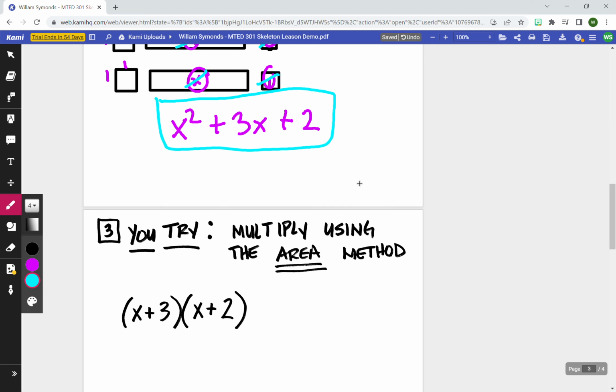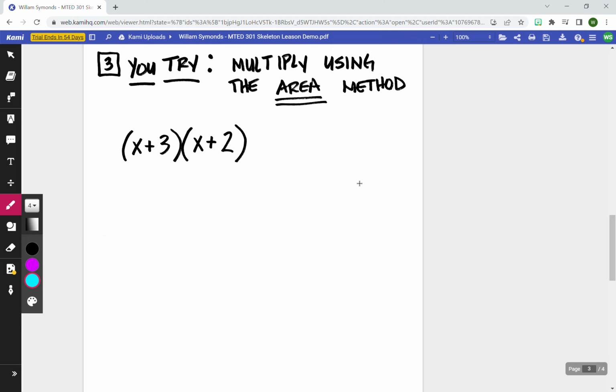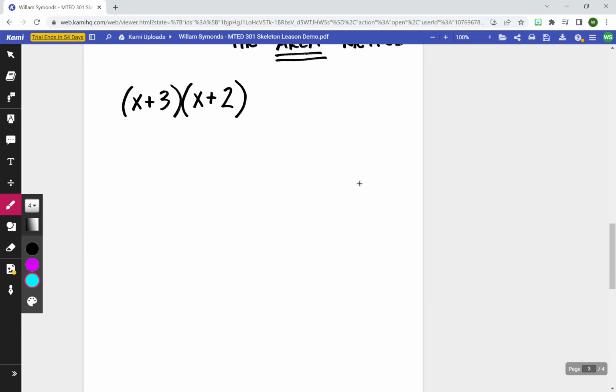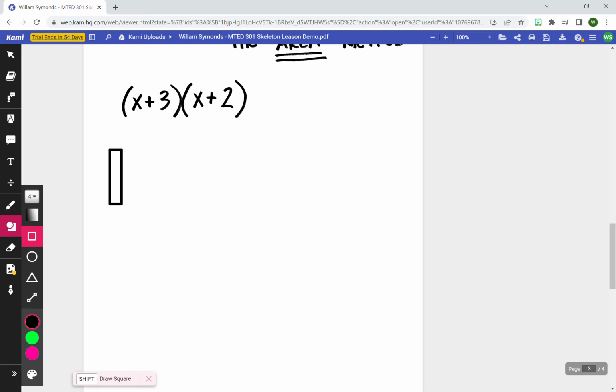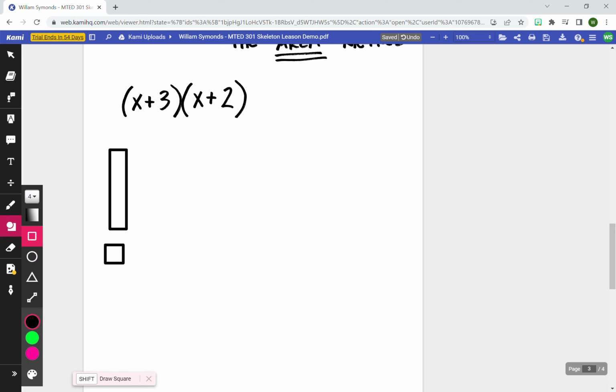So in our third box, we have a Try, where you multiply using the area tiles, and you're going to be multiplying x plus 3 times x plus 2. I'll give you a chance to do that right here. So if we were to draw x plus 3 as rectangles and squares, we would have 1 rectangle for x, and then 3 little squares for 3.